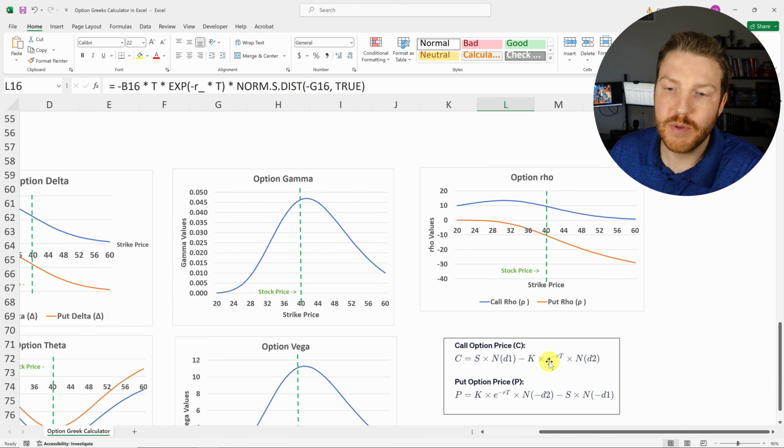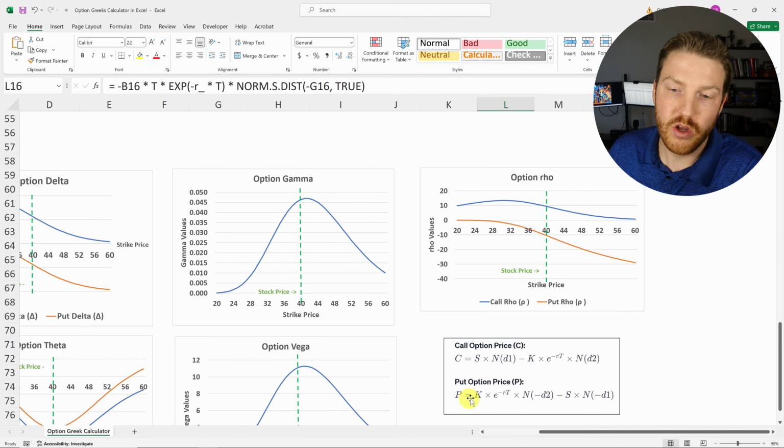So you'll notice that the call option price will actually be higher if we have a higher risk-free rate. That's because we're subtracting this discounted strike price, so if we increase the interest rate, that R value, then the strike price is discounted more, which means that we're subtracting a lower amount. So call price is higher if the interest rate is higher, whereas the put option is the opposite.